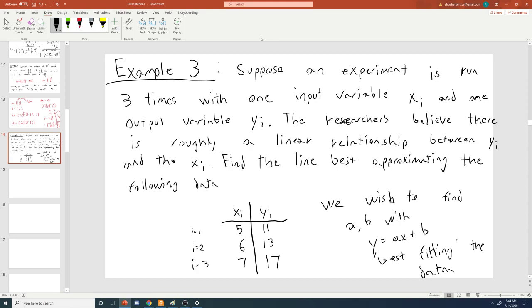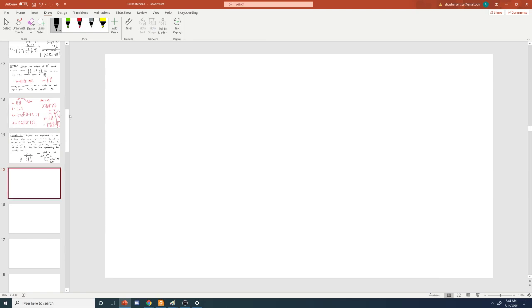What we're trying to do, in some sense, is choose A and B such that, actually, how about I spell it out in every detail?